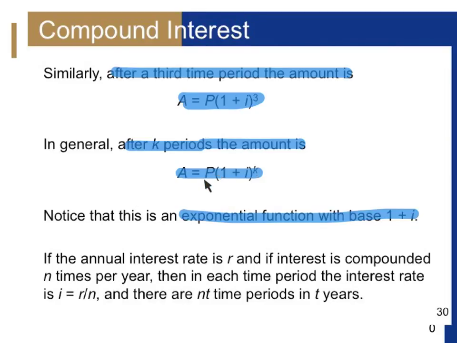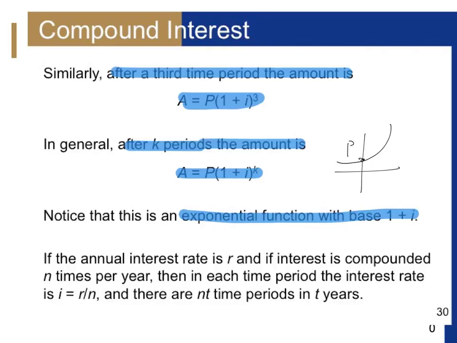Now that P is a multiplier. It's a little bit different. That's not part of our base. That's just P times the exponential function. So our graph will look something like this. It's an exponential function, so it grows like this, but we're not going to start at 1.